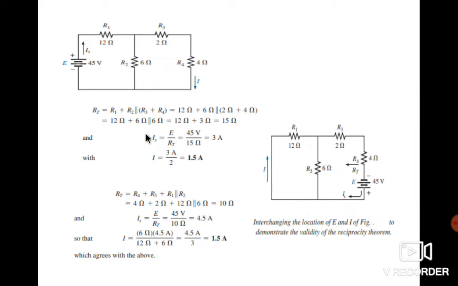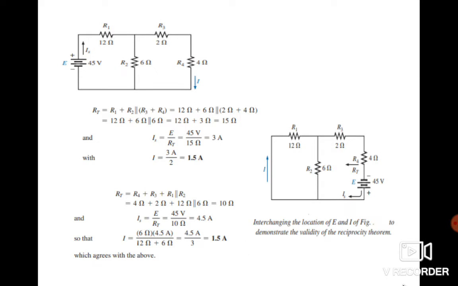It's 3 ampere. No, not 3 ampere. This is the branch current. It's 3 ampere. I means the total current over here, and the total resistance is 15 ohm. Similarly, you remove the voltage source from here and connect it here in the reverse direction, and then find the total current, the resistance and the branch current.